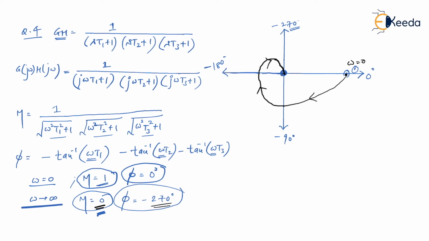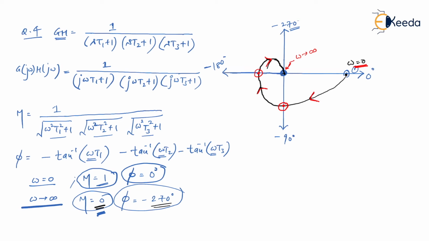Like we solved for the previous question, as you can see, this polar plot is crossing minus 90 degrees and also minus 180 degrees. So now I can find out, by using the same logic, this is omega equal to 0, and this is omega tending to infinity. As you progress, you are increasing the value of omega.